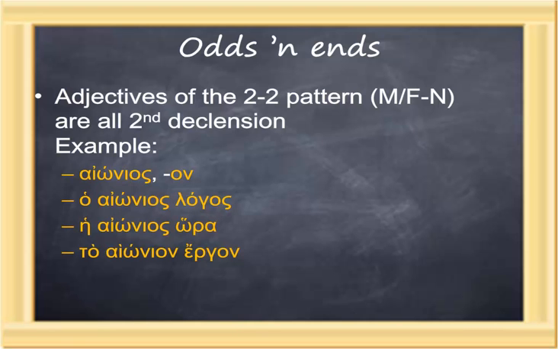So, the eternal word would be ho aionios logos. The eternal hour would be he aionios, notice no eta ending, hora. And the eternal work would be to aionion, notice the nu, ergon. This is an adjective of the 2-2 pattern. They're not nearly as frequent as the 2-1-2s, but they do show up nonetheless, and aionios is an example.